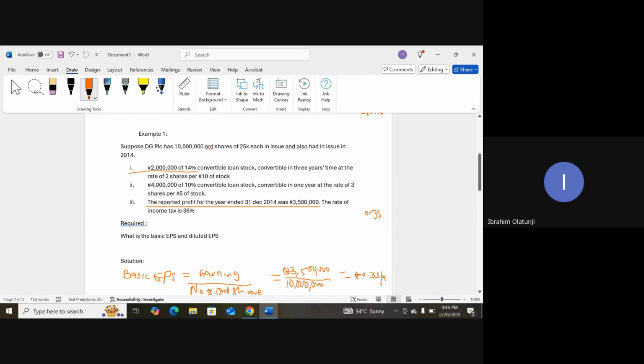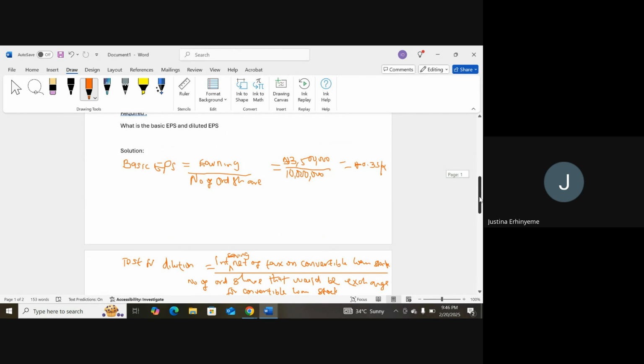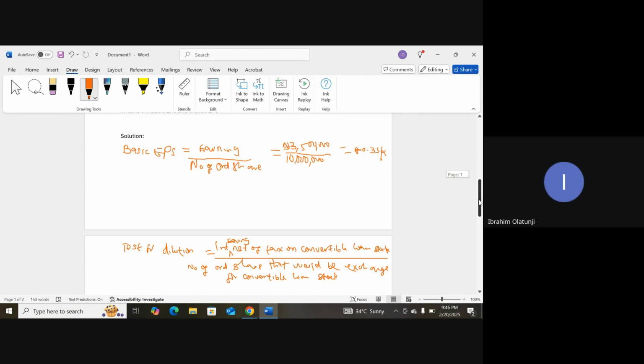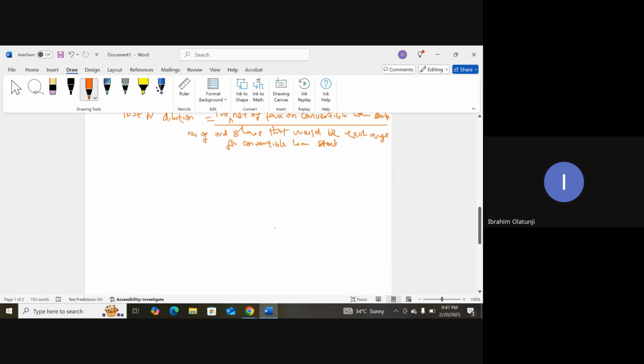We have 14% convertible. Then when you finish, you now do Roman figure 2 as well. So the interest saving they are talking about is 14% of 2 million naira.